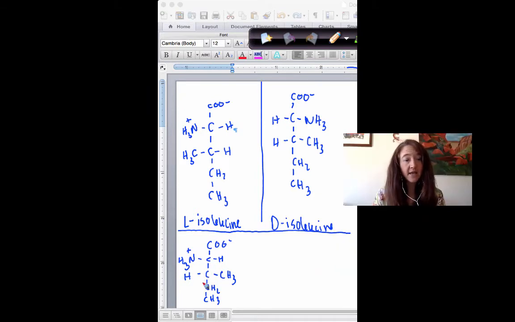So recognize then that this is allo-isoleucine. So I'm going to go ahead and try to fit the name of that down here. Allo-isoleucine.